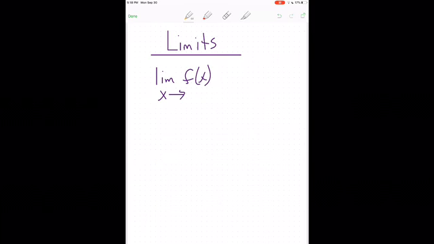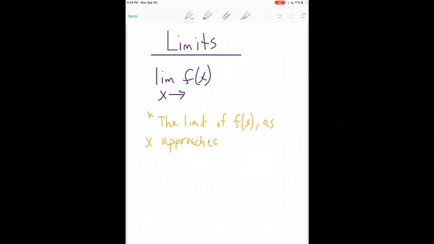So talking about limits now, this here is the notation for limits, okay? And it is going to read as the limit of f of x as x approaches, and then blank, there will be some number there, is equal to blank.